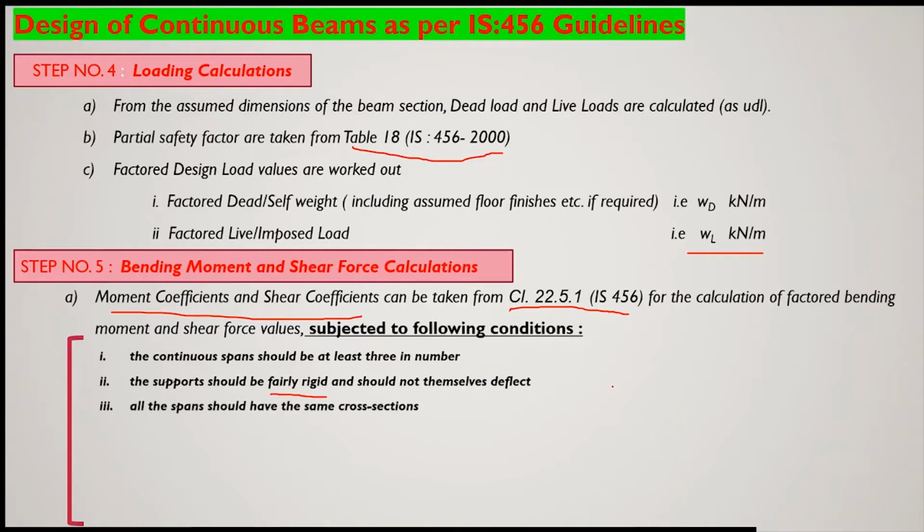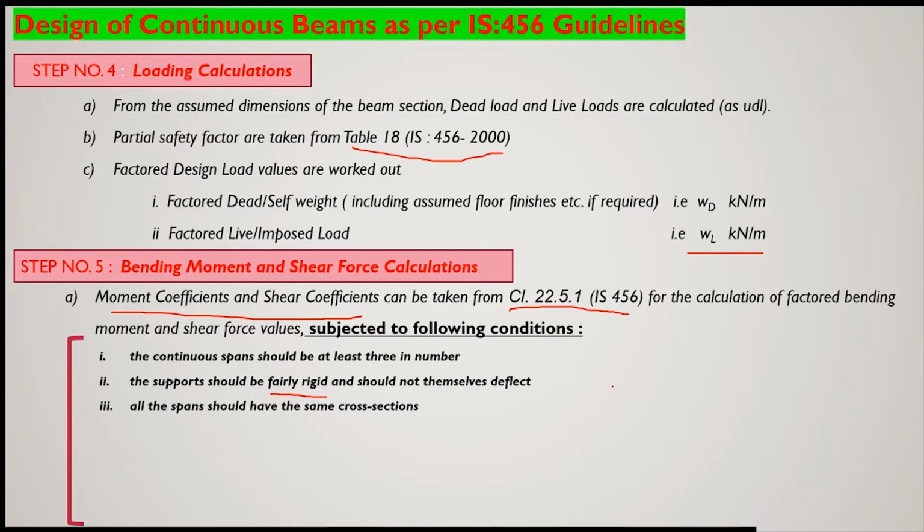The third point is that all the spans should have the same cross sections. If you need to vary the cross section of different spans, then you have to calculate bending moment and shear force maybe by the moment distribution method, which you have studied in structure analysis part 2.